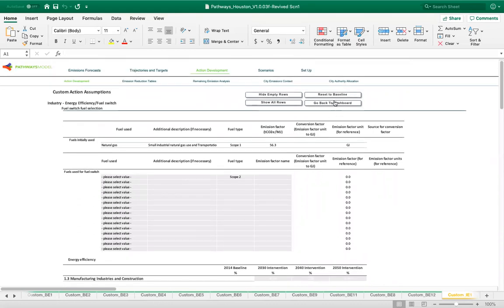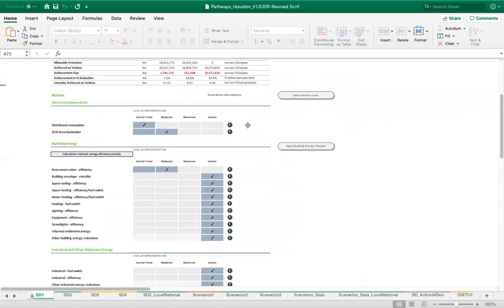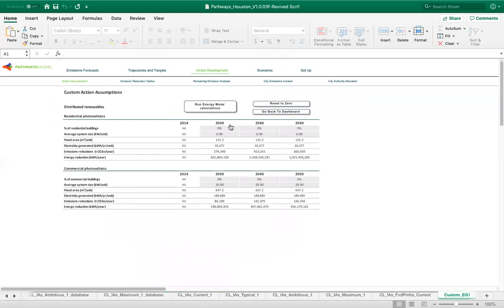So here, as with all of the settings, you have the ability to reset to baseline, just turn it back to the original baseline year, so you can start changing the parameters quickly. Perhaps a little easier to understand if we look at the custom settings for distributed renewables.